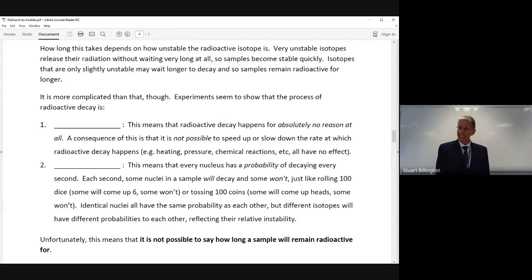Just because it didn't decay in the first second does not make it more likely that it will decay in the second second. It's still 1 in 6. So it doesn't decay maybe, so you watch it for a third second. The probability is still 1 in 6. It doesn't get more likely just because you watch it longer. Okay, that's random and governed by probabilities.